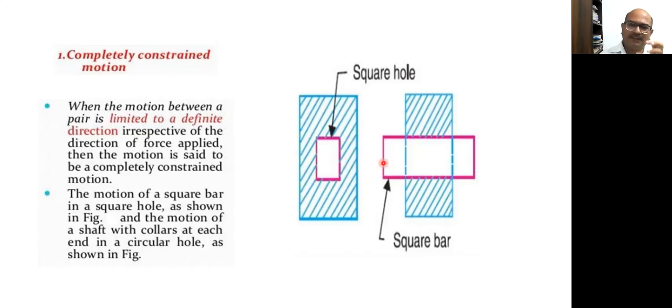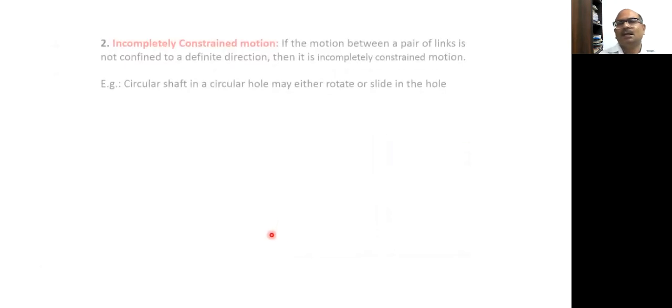Because it is confined by the shape of the, you can say, the cage, the hole. Accordingly, it can move, right? So this is the completely constrained motion. Restrictions are available, but the motion is possible, limited to a definite direction.